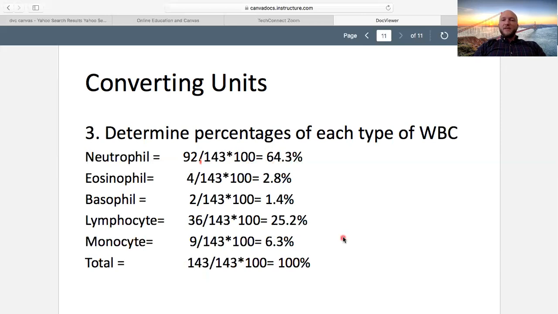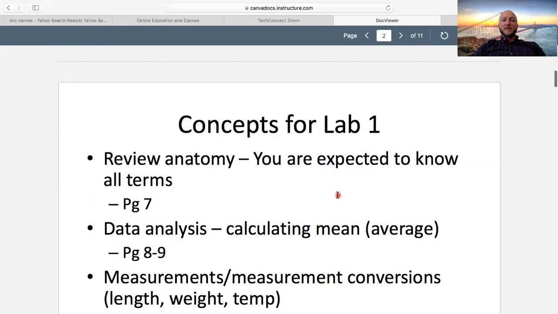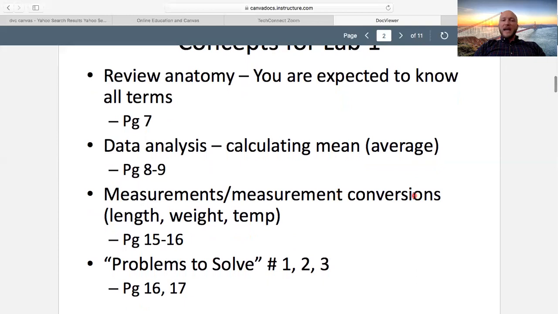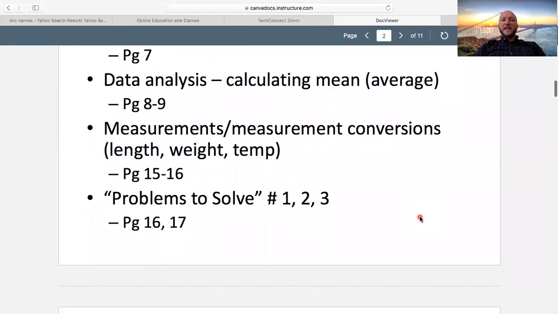All right, if you have any questions, please email me, please contact me. Once again, I'm going to go back to the main points that I want you to get out of Lab 1. Review anatomy, page 7. I'm going to assume you know all that anatomy and all those anatomical terms like sagittal plane. Data analysis, you should be able to calculate the average, the mean of a data set. Measurements and measurement conversions, you should be comfortable with the metric units going from centimeters to meters to kilometers and such.